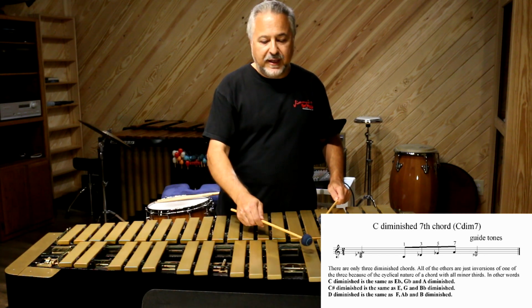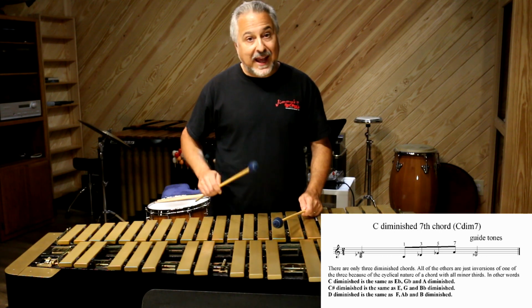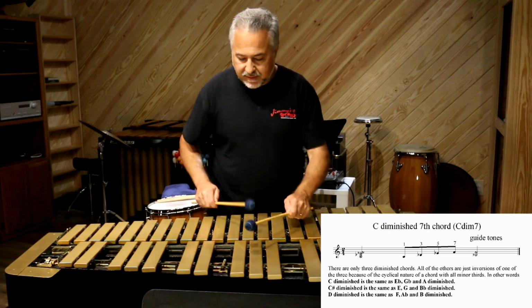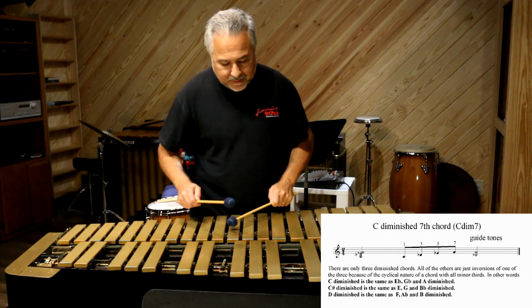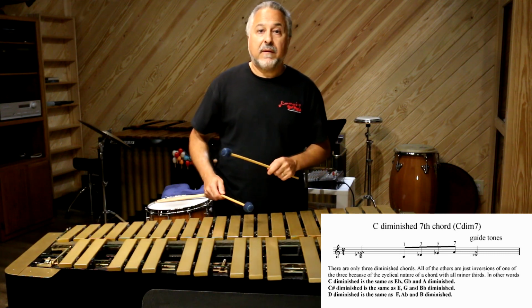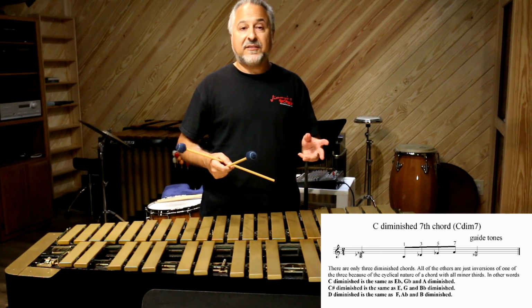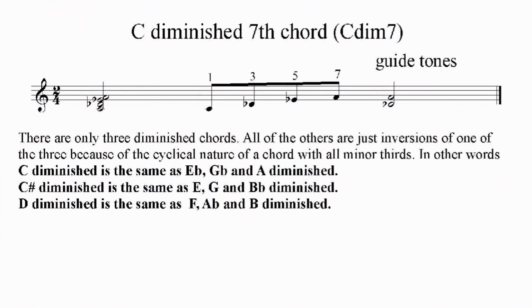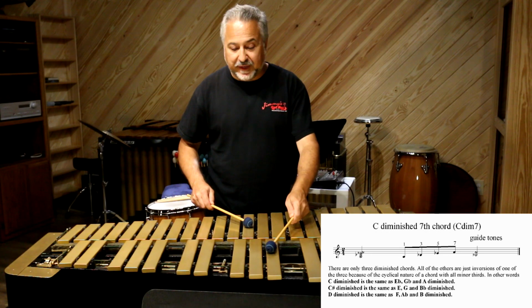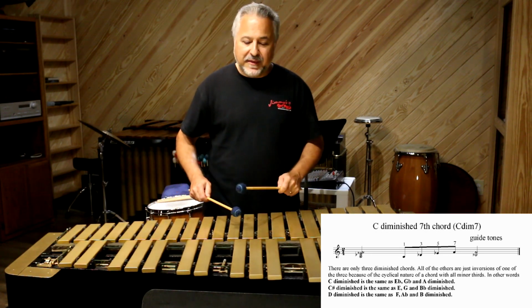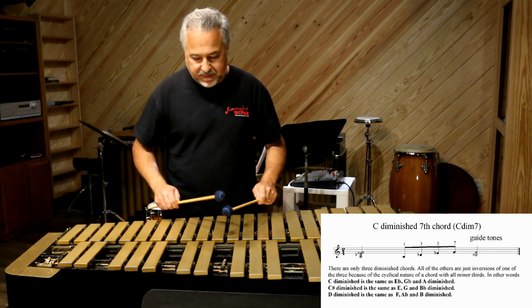C, E flat, G flat, A, and then another minor third, we're back to C. So what happens is C diminished is the same as E flat diminished. Okay, and that's the same as G flat diminished. And that's the same as A diminished.